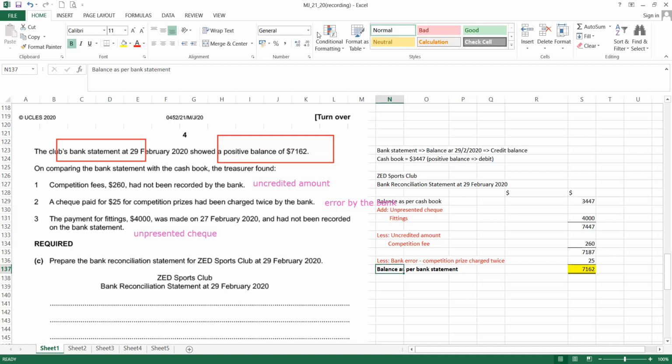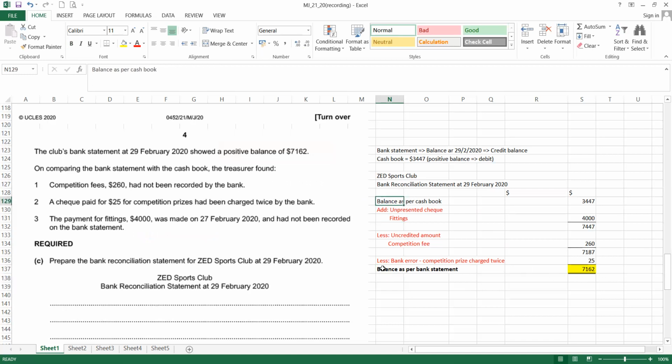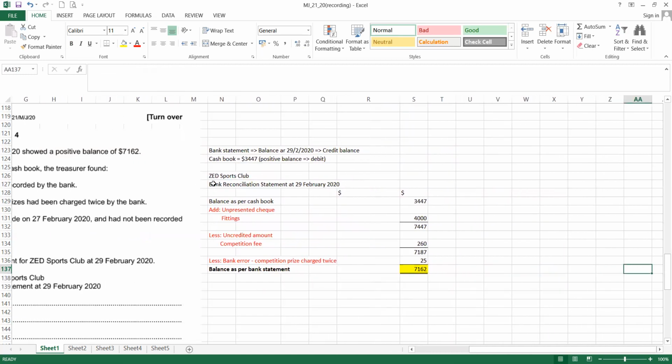Okay. If you prefer to start with the bank statement, now the other way you will get it. Let me put this one in, using the bank, because you have two ways to present your answer.